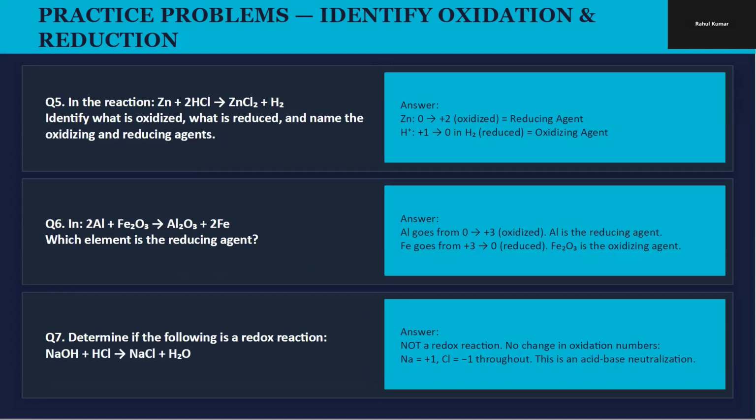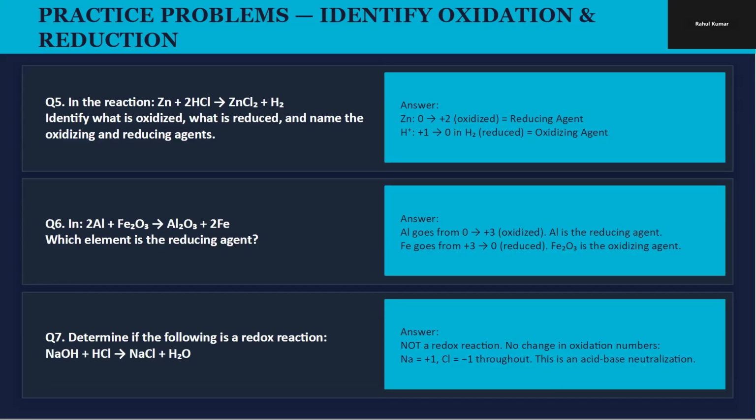Practice problem on identifying oxidation and reduction. Question 5: in the reaction zinc plus 2HCl giving zinc chloride plus H2, identify what is oxidized and what is reduced and name the oxidizing and reducing agent. Here you see on the reactant side zinc is in zero oxidation state, and on the product side in zinc chloride, zinc is in the +2 state. So zinc is going from 0 to +2.